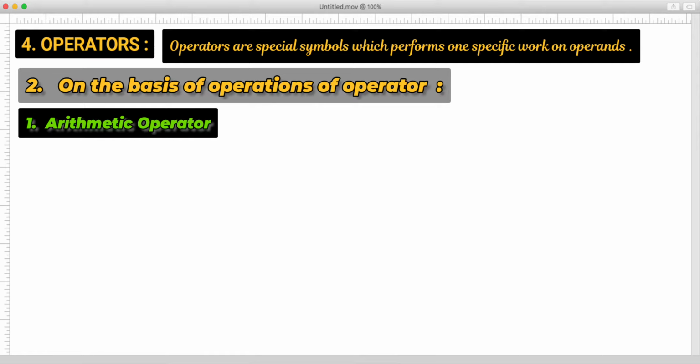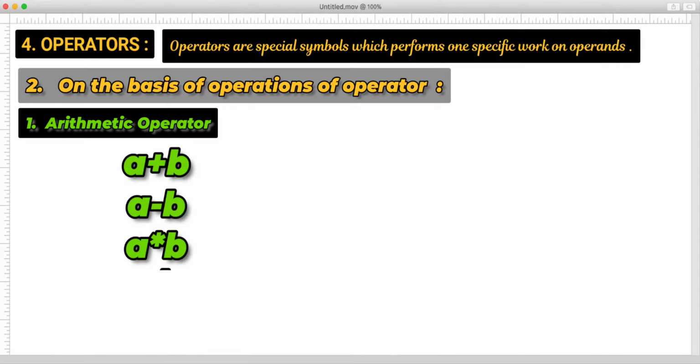So here we will see there are 5 operators in arithmetic in C++. Now here, as you can see on the screen, plus operator, as we know, is for addition, minus is for subtraction. Now star, it is called asterisk, it is for multiplication. Then there is the slash operator for division, and the last is the percentage or modulus operator.